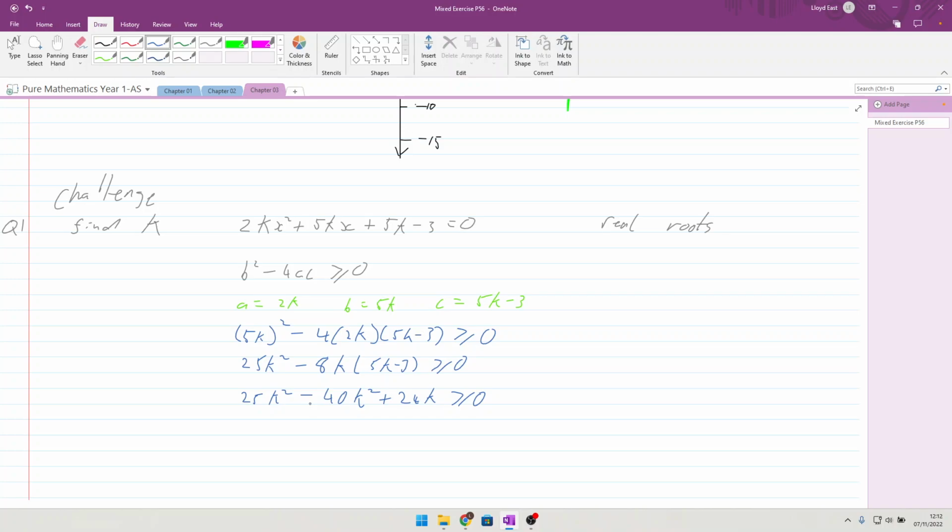So 25 minus 40 is minus 15. Okay, so we have minus 15k squared plus 24k greater than or equal to 0.